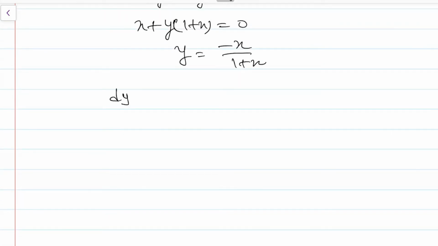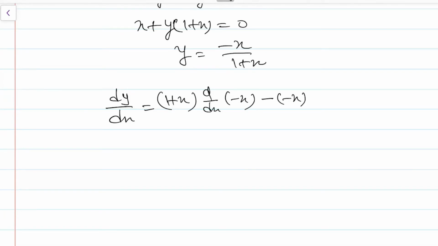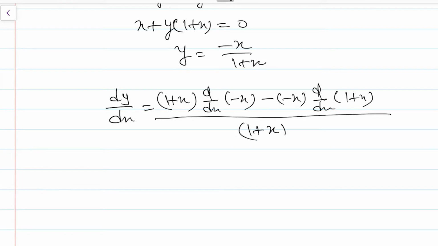Differentiating with respect to x, dy over dx is equal to, on the right side using quotient formula, (1 plus x) into derivative of numerator (1 minus x) minus numerator into derivative of denominator, divided by square of the denominator.